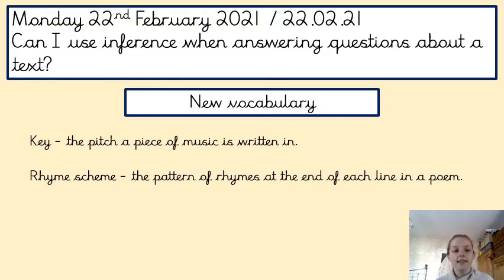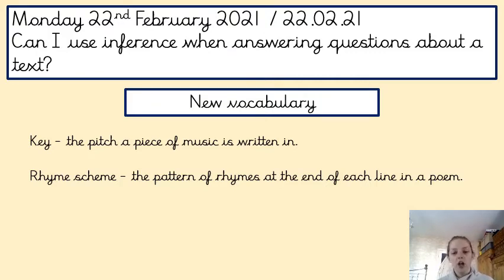It is something you can't really touch, but it is something which explains to musicians when they play a piece of music what key they need to be in, so what pitch they need to be in, and that tells them which key they've got to play. Okay, so a piano has keys and that'll be the pitch for the song.